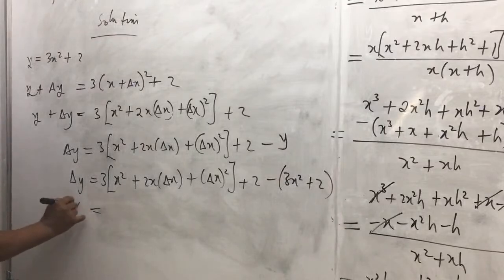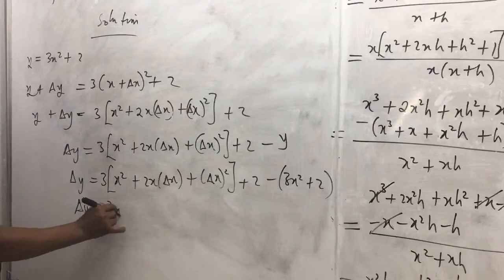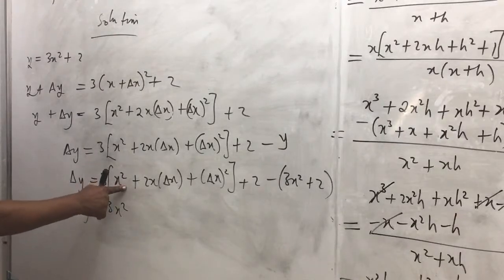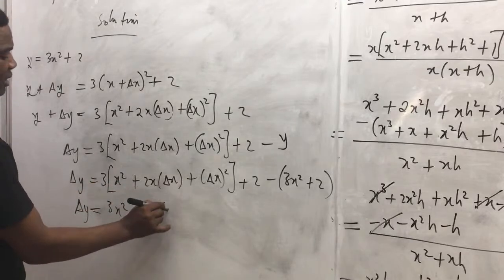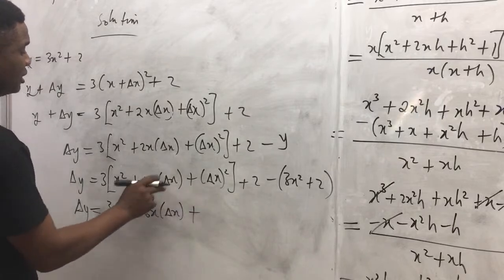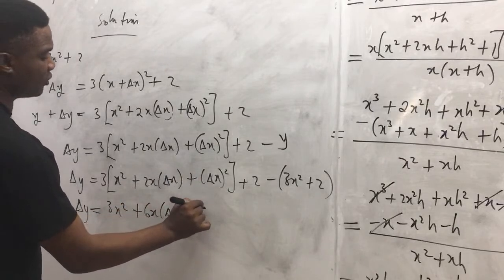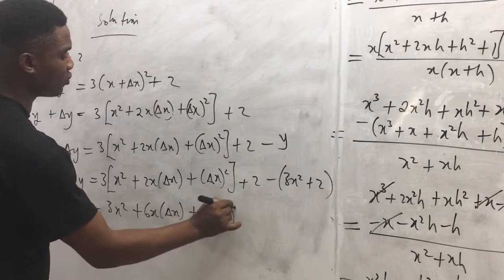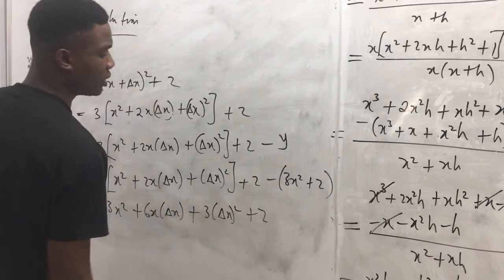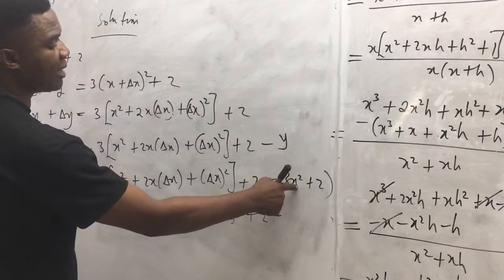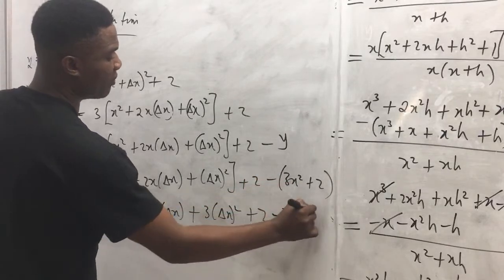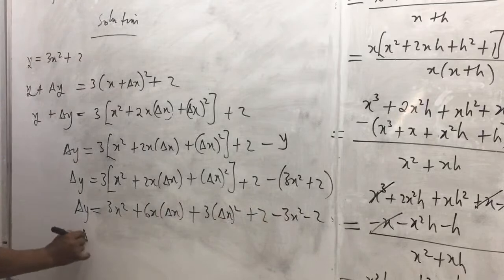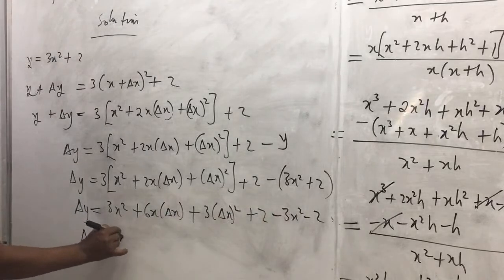Now let's expand and simplify. 3 times x squared is 3x squared, plus 3 times 2x will give you 6x in bracket changing x, plus 3 times changing x squared will give you 3 changing x all squared, plus 2. Minus 3 times 3x squared gives minus 3x squared, minus 2.